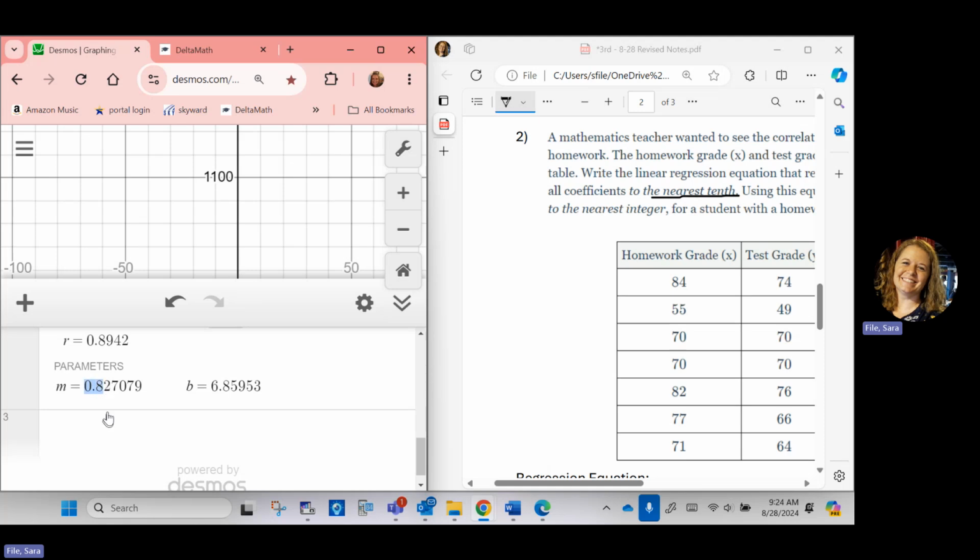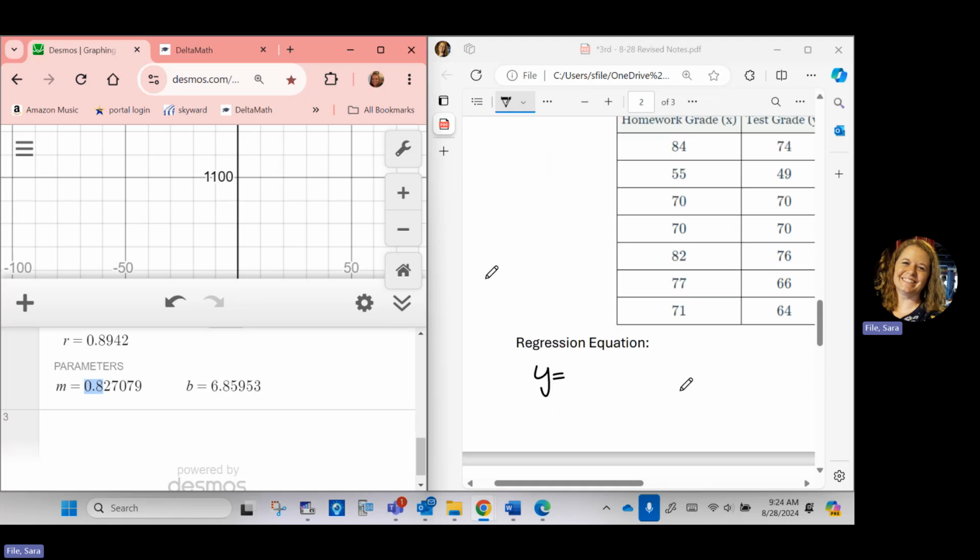The 0.8 is in the 10th place, but remember you always look to the next number. So is the 2 going to round that 8 up? No, so this is going to be 0.8 for my M, X. And then my B is positive, so it'll be plus. But when I come over here to round, the 8 is in the 10th place, but I look to the right. Is that 5 going to round it up? Yes. So this time it does round up, so it's going to be 6.9. So there's my linear regression equation.